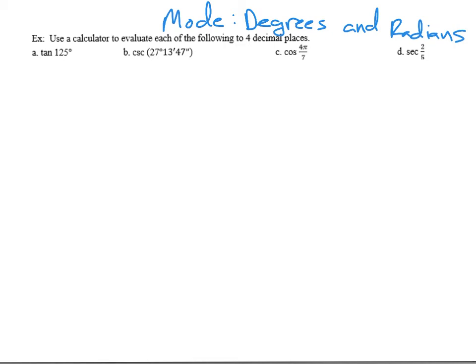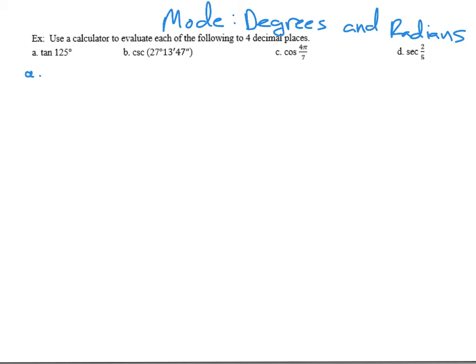Now, the reason that needs to be there is when you go to your calculator for part A, now I'm just going to tell you what the answers are here. You should find your calculator, go give these a shot to see if you can get the answers that match mine, okay? See if you can do that. When you type in tangent of 125, right, we know there's 2 ways to measure an angle, and your calculator needs to know that.